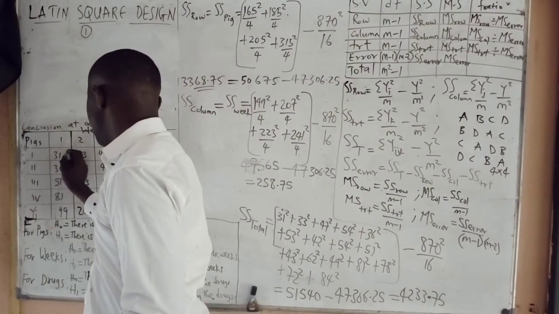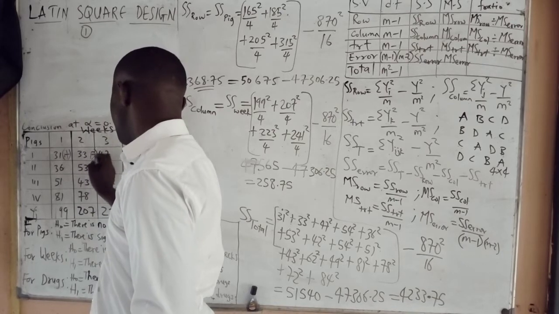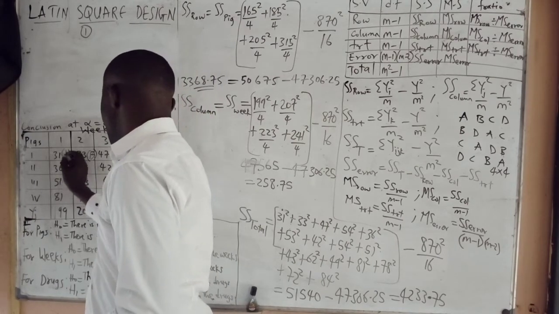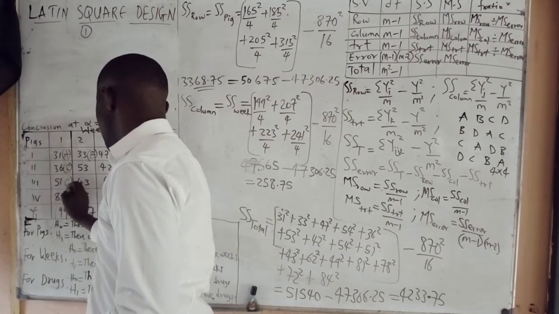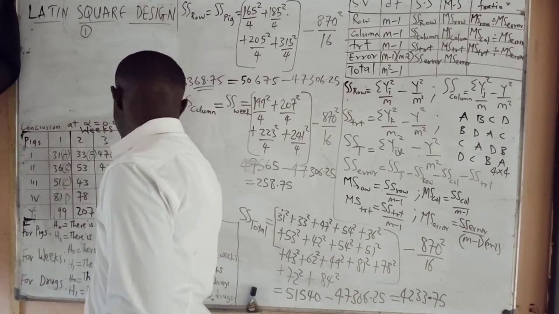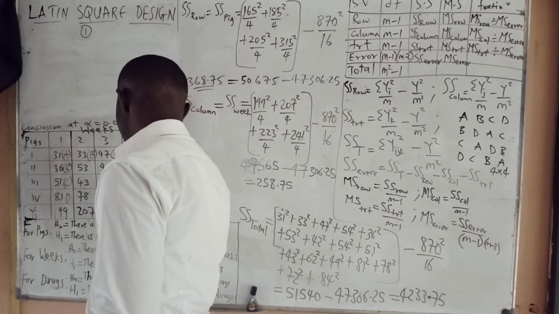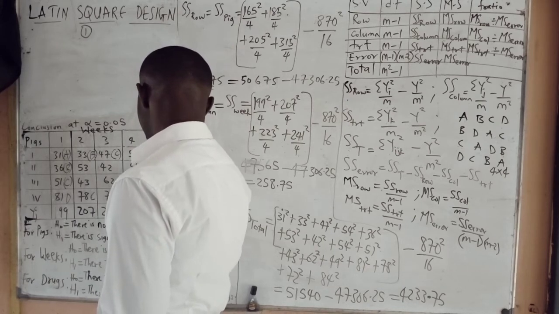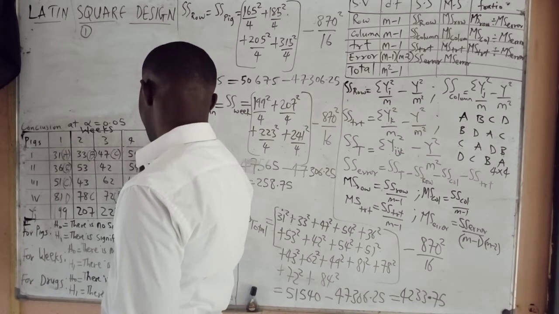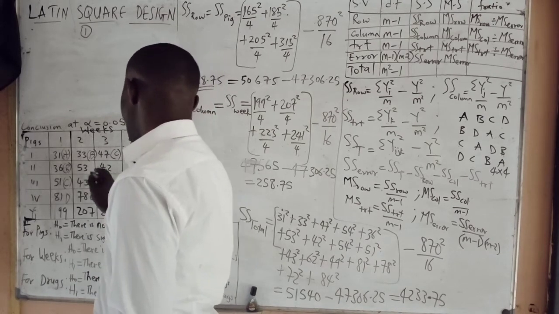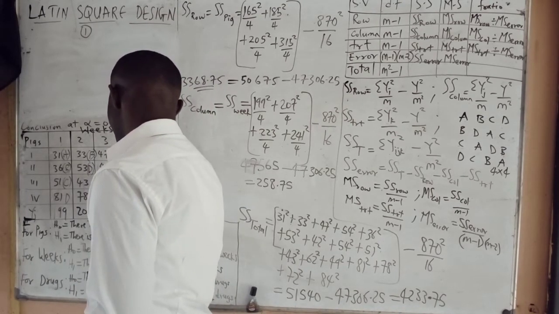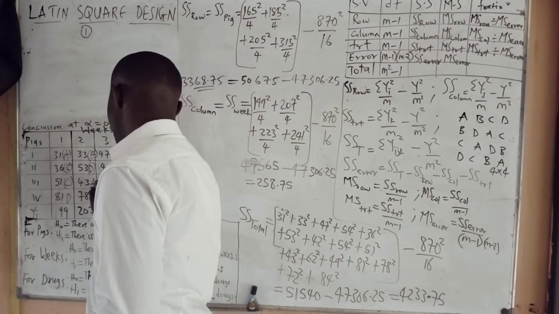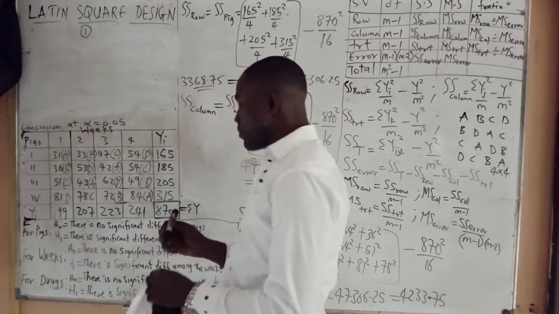We call here A, here B, here C, here D, then A, B, C, D, then A, B, C, D. Then we now say here is D, and here is D. Here is A, and here is A. We have succeeded in randomizing it.